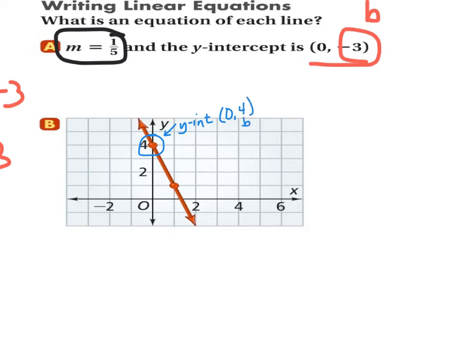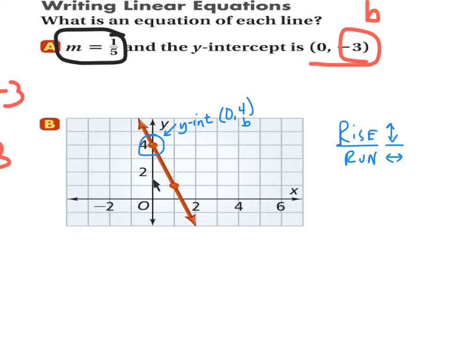Now, what I have to do is calculate the slope. Remember, slope is rise over run. I want to know how much it goes up or down over how much it goes left and right. So I want to go from one dot to the next, from this dot right here to this dot right here, but I can't go along the line.